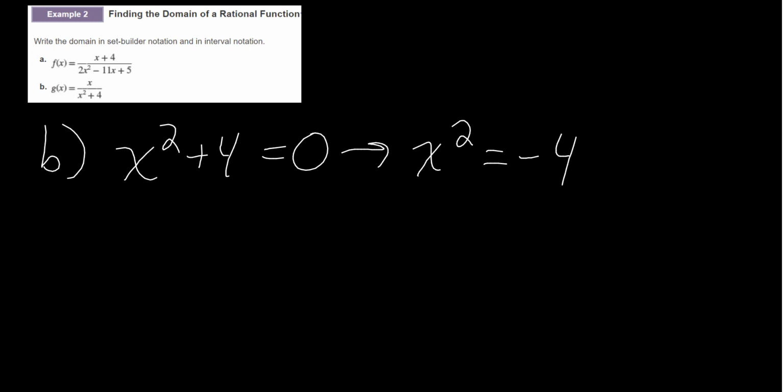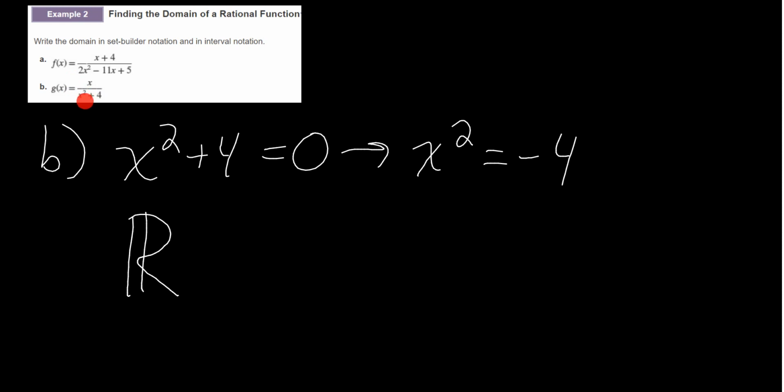So what this means is the domain of B is all real numbers. I can use every single number. And that makes sense, though, if we look at it. Looking at g of x, there is no number that will make this denominator equal to 0. If I plug in a 0, 0 squared is 0, 0 plus 4 is 4. Perfect.